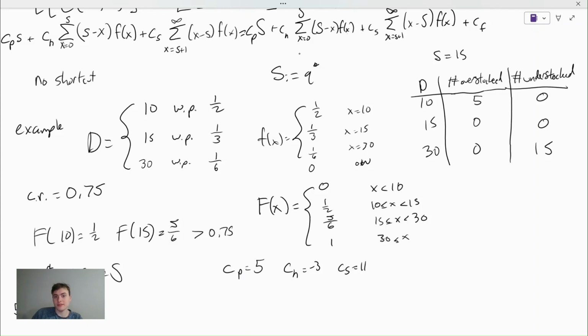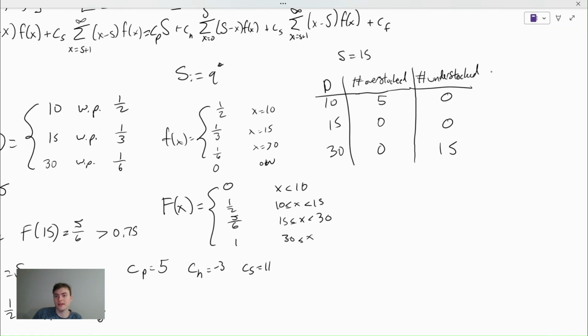Minus 3 times the one case we have overstock, we would be overstocked by 5 units with the probability that D equals 10, which is 1/2. And then we have CS is 11 times the number we would be understocked times the probability that we're understocked, which is 1/6, right?